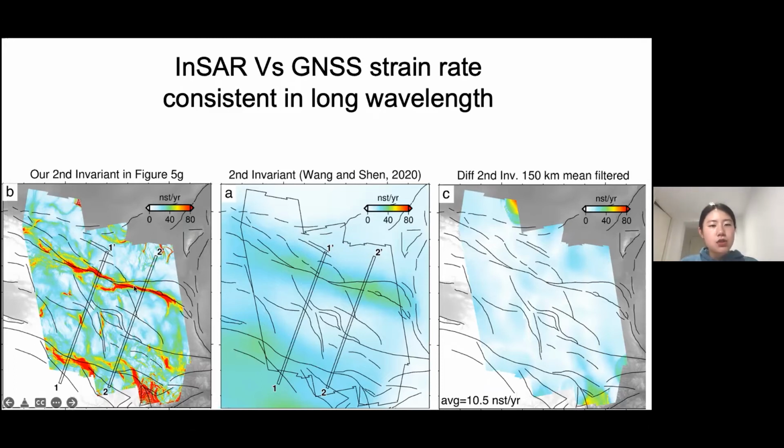So in order to do a quantitative comparison between the two, I filtered each element of the strain rate tensor with a 150 kilometer mean filter and calculated the differences between my filtered strain rate tensor element and the corresponding element from the GPS-derived study.